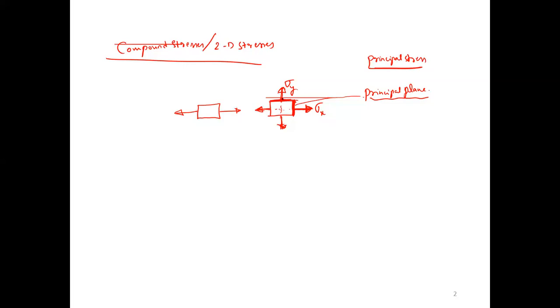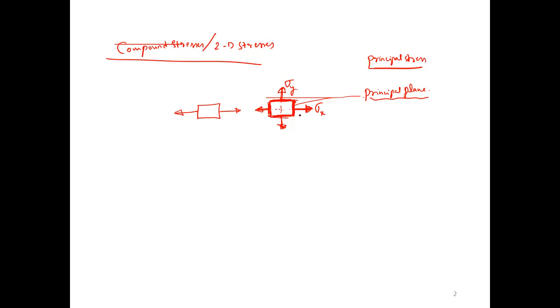Is there any shear force? No. Hence, for sigma y, this is the principal plane. For this force, this one is the principal plane. For this force, this one is the principal plane.